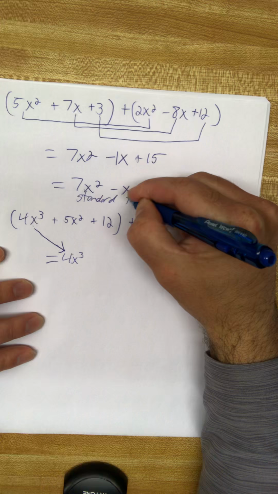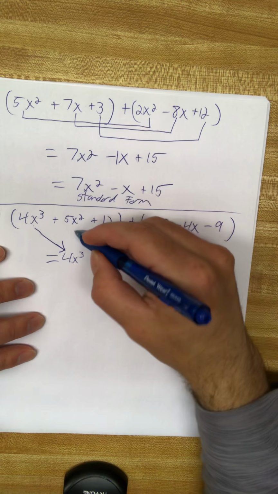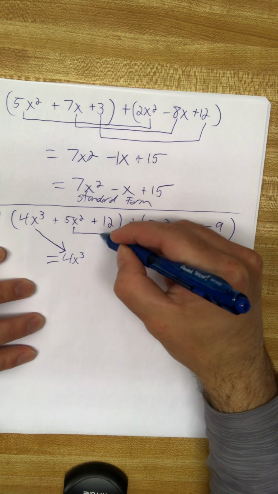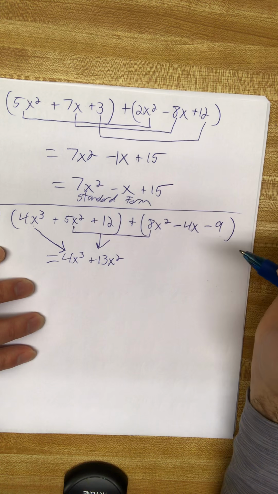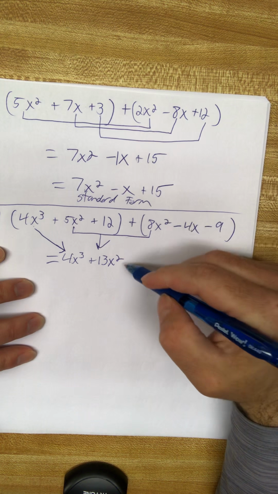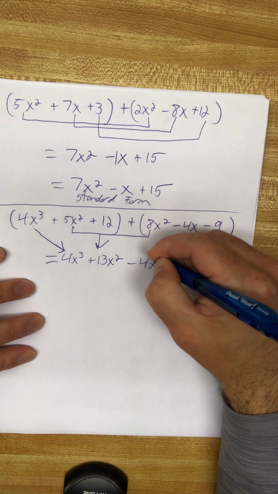So for x squared, I have a 5x squared plus an 8x squared. That gives me 13x squared. Next up, I go to x. There's only the one x term, so minus 4x just drops down.